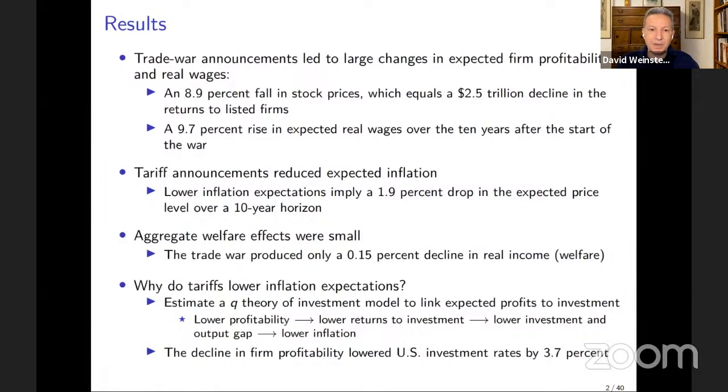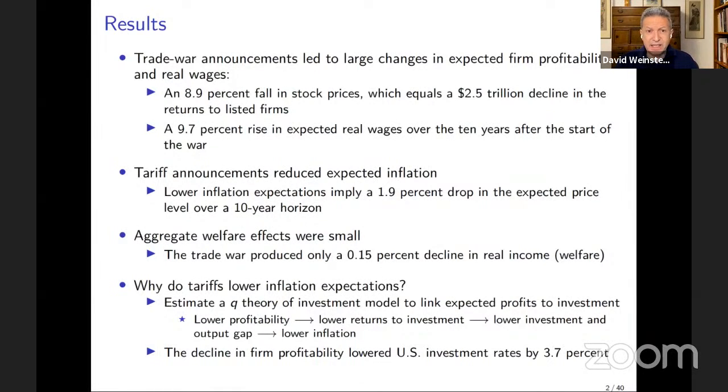So this drop in expected inflation implies about a 2% drop in the expected price level over a 10-year horizon. And then similar to other studies, we're going to find that the aggregate welfare effects were relatively small. That is, the trade war produced only a 0.15% decline in real income.